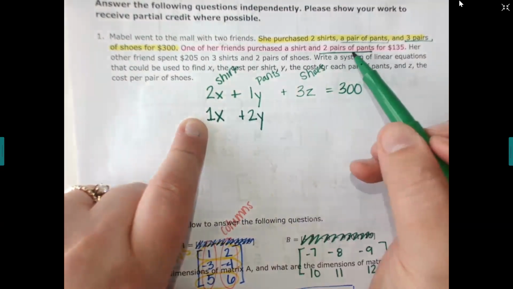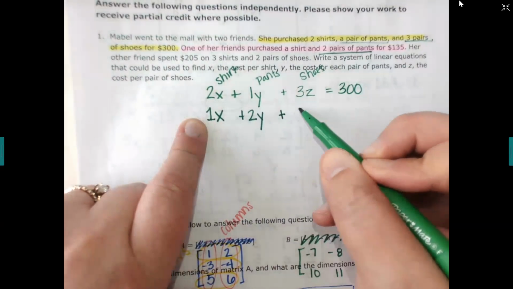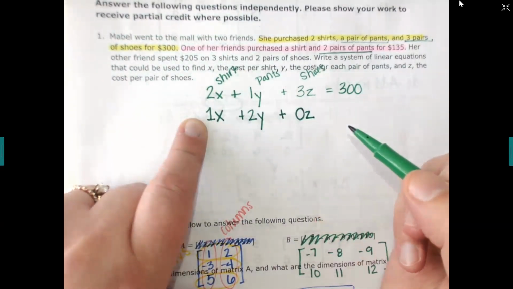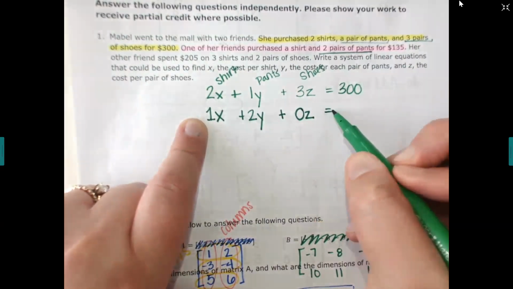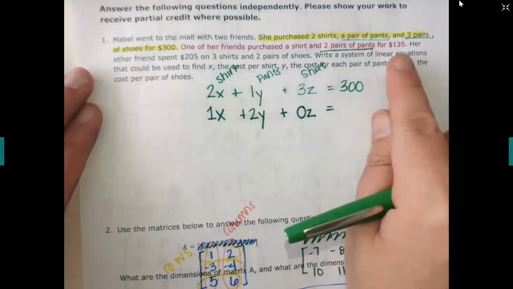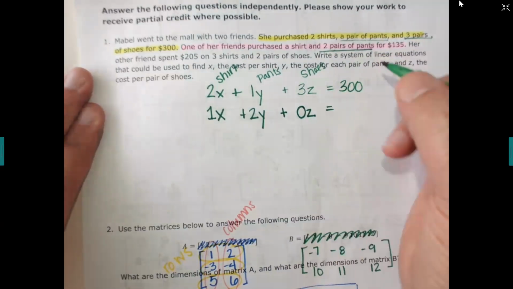But did she buy any shoes? Then this friend, you're gonna put a 0z, because they didn't buy any of the shoes. So remember, if they ever don't buy something, you have to put a number there, then just put 0 to say they didn't get any. And then how much did that friend spend? 135.